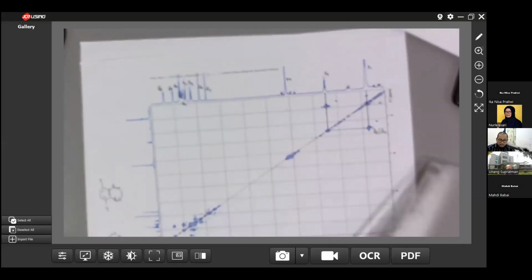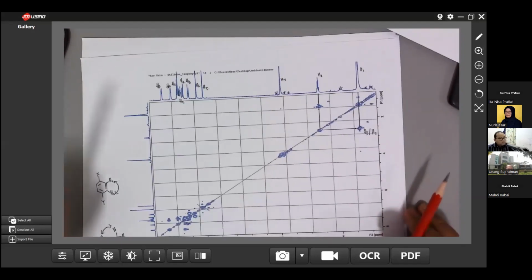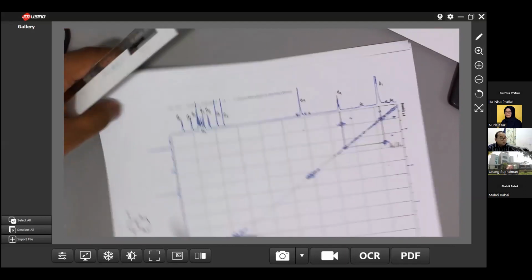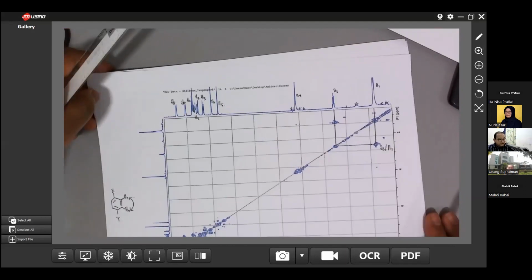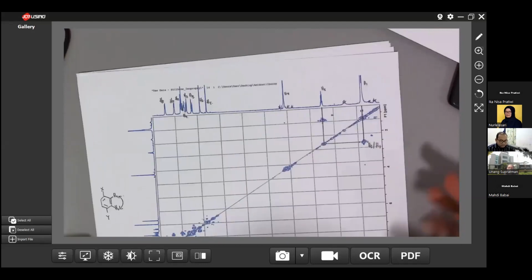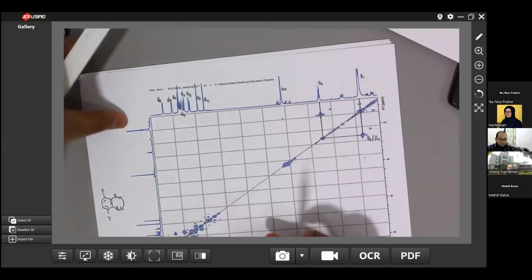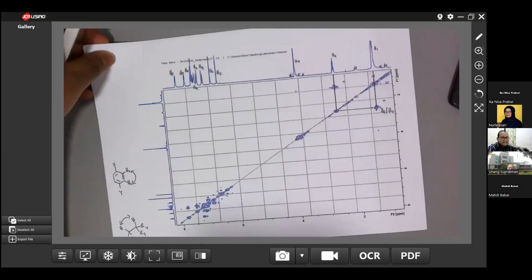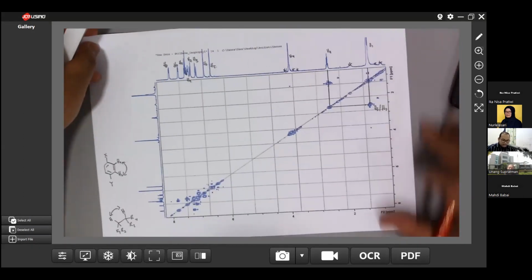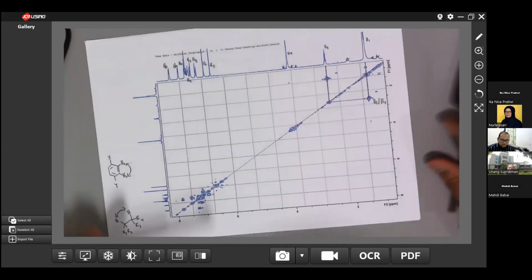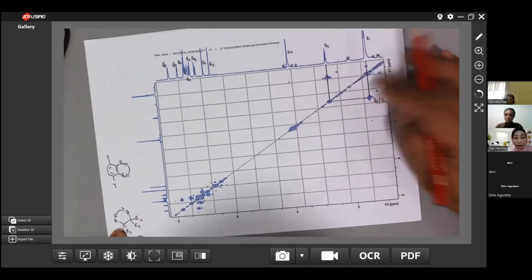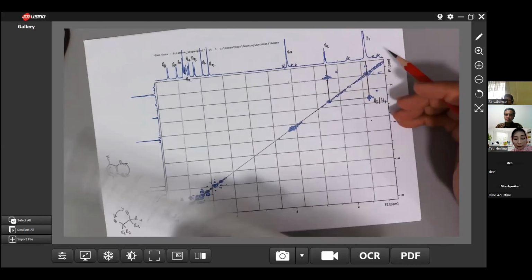When you try to solve the structure, you start with the simple area first. In this case, the simplest area is this one, not that one, which is very complicated. So start with the easy one, and slowly do the difficult ones. This is a very simple area, so you can see only one.